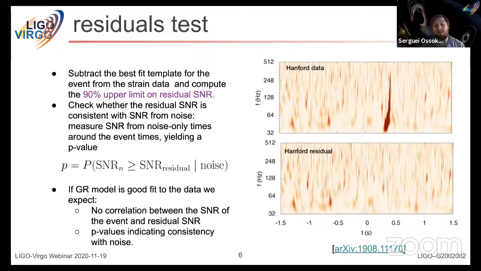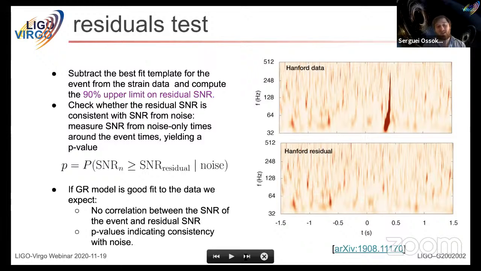For data around GW150914, here what is shown is the power in the time frequency plane. In the top, you can actually see the signal, whereas the bottom shows what happens when we subtract the best fitting GR template. To be more quantitative, what we actually do is that we compute the 90% upper limit on the residual SNR using BayesWave.